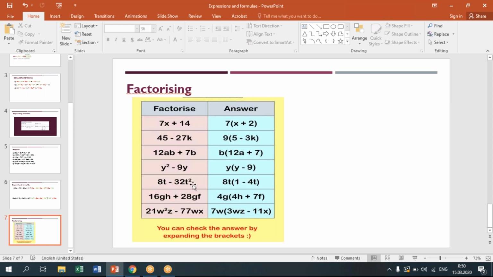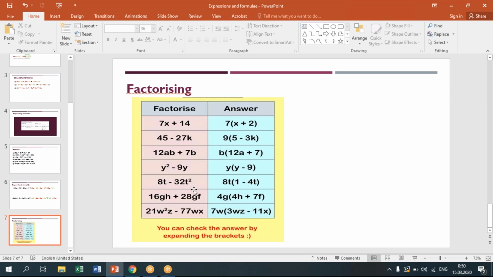8t minus 32t squared. 8 and 32. They are both divisible by 8, and the HCF for these two numbers will be 8. 8 before the bracket, but also we have a common letter t and t squared. I can write 8t. 8t divided by 8t, it will be just 1. We can write 1 because if we divide the same thing by itself, the answer is 1.